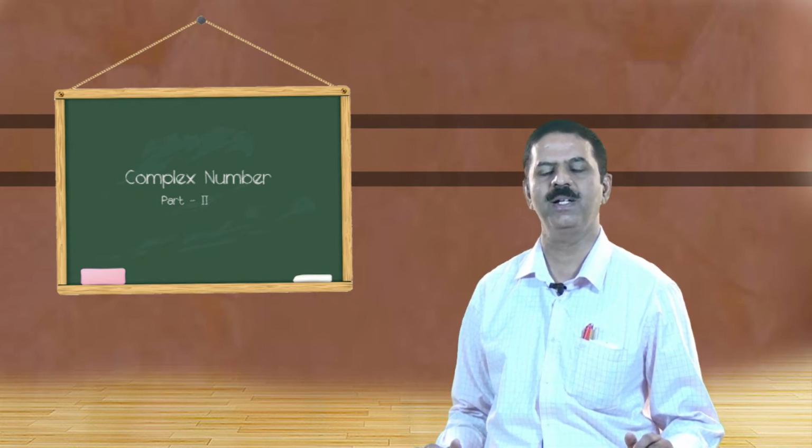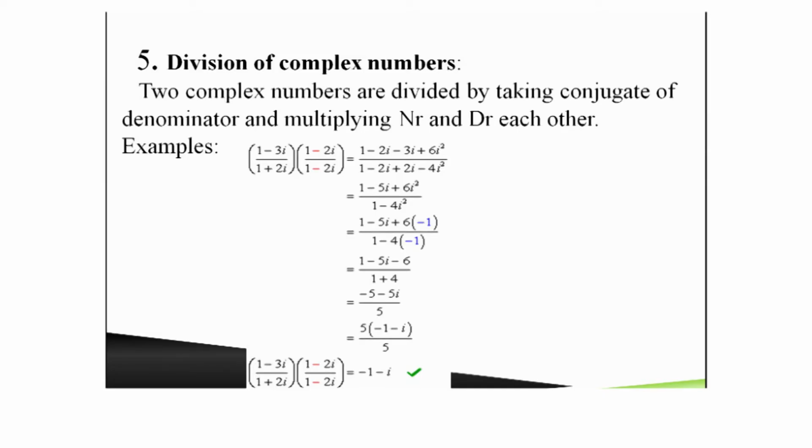Say, for an example, 1 minus 3i divided by 1 plus 2i. How to divide those two numbers? You take the conjugate of the denominator as I have given in the rule. The conjugate of the denominator 1 plus 2i is 1 minus 2i, divided by the same term 1 minus 2i.